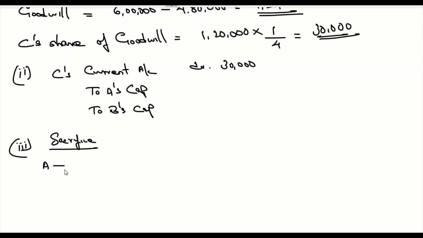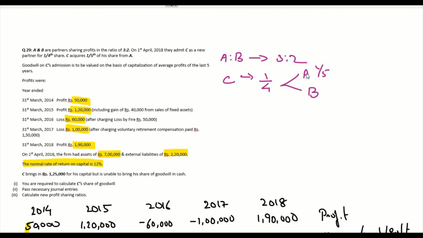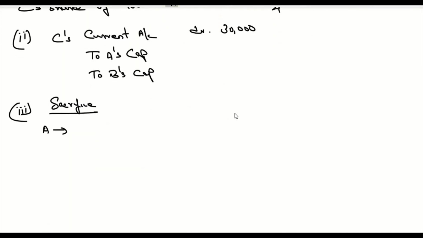For A, the question says C's share of profit is 1/4 and he obtained 1/5 of 1/4 from A and the remaining from B. So A's sacrifice is 1/4, which is C's share, multiplied by 1/5.